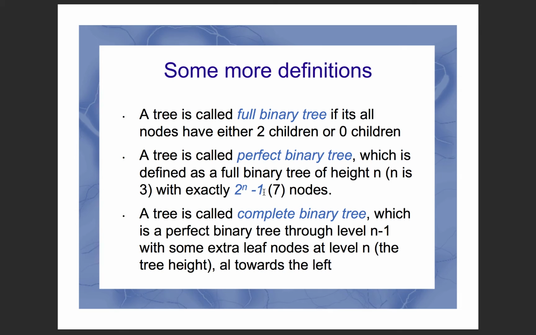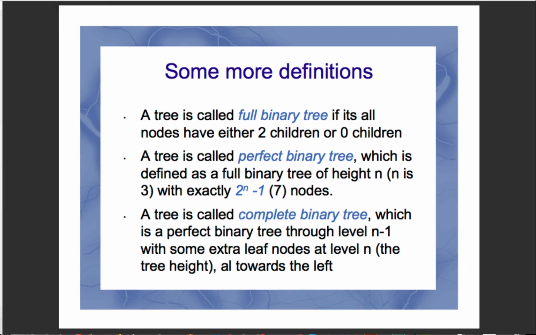Then you count the actual nodes in the tree. If the two numbers are equal, then you can call it a perfect binary tree. Otherwise you call it a non-perfect binary tree.